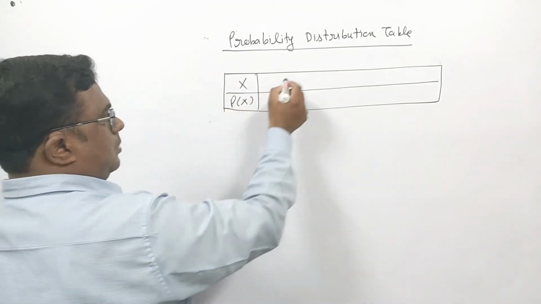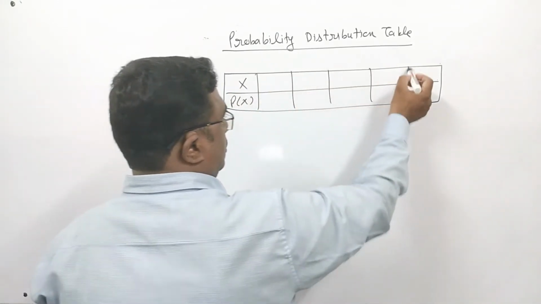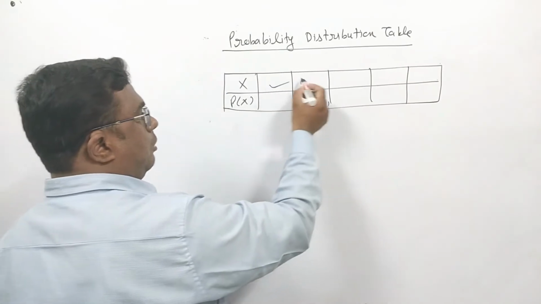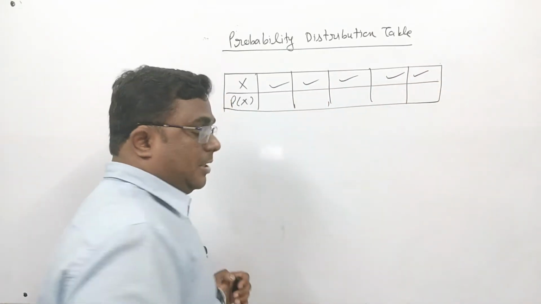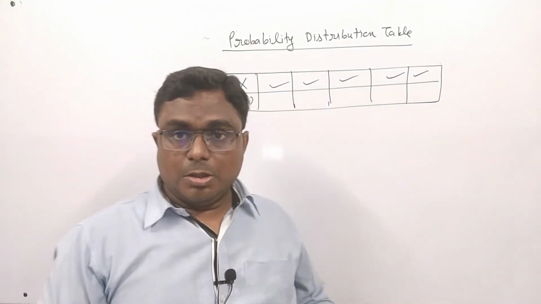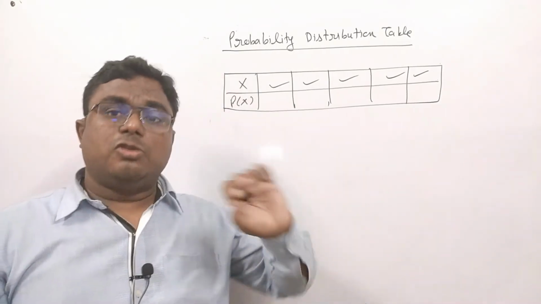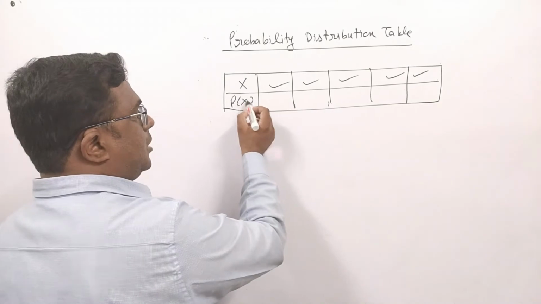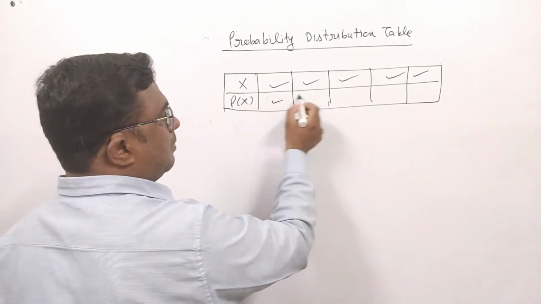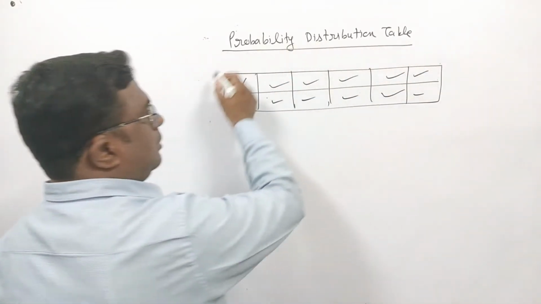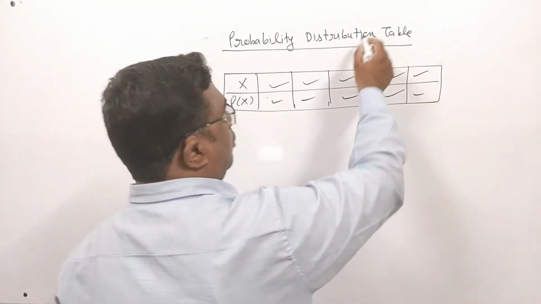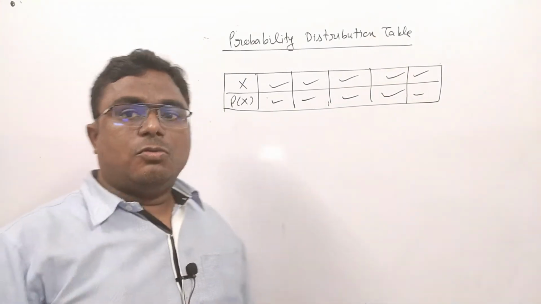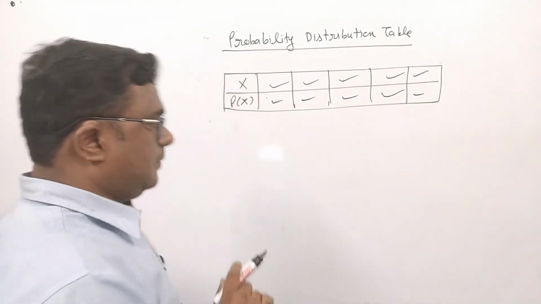In the first row, we write down all the possible values of capital X. Capital X means random variable. So in the first row, you will write down all the possible values of X, and in the second row, you will write down their corresponding probabilities. So this table which you will obtain will be called probability distribution table for that random variable.